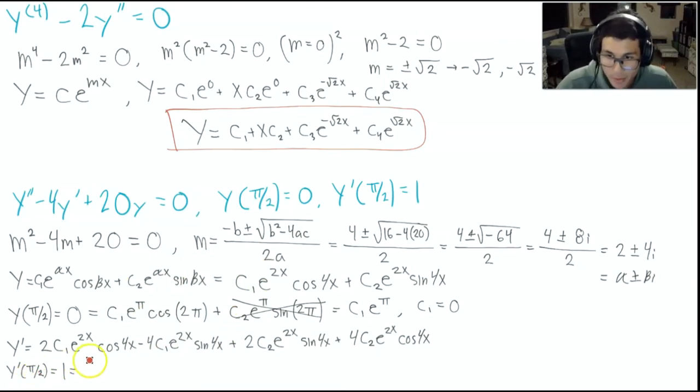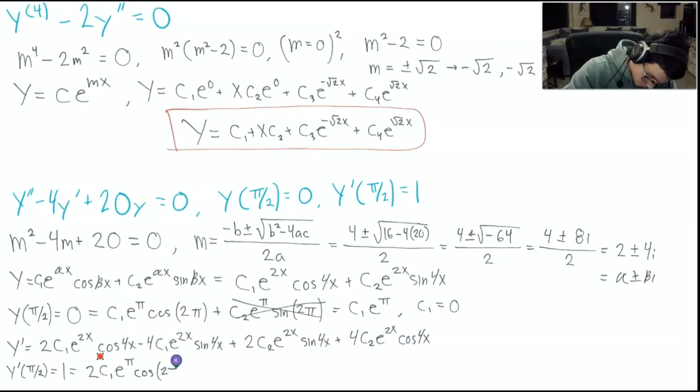Okay. If we insert that into here, what do we get? It would be 2c1 e to the pi. If we insert it into there, it'd be cosine 2 pi. Okay, so if we insert it into this, it'll be 4c.